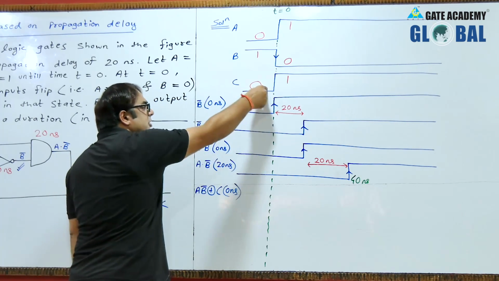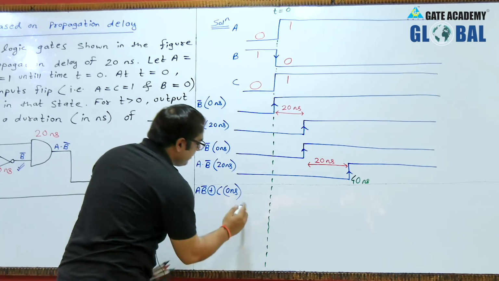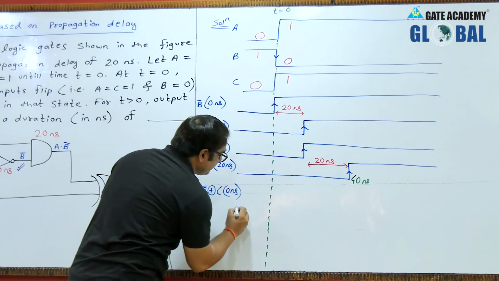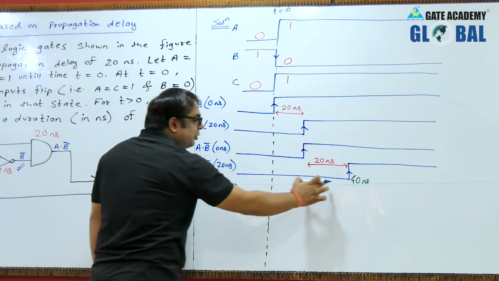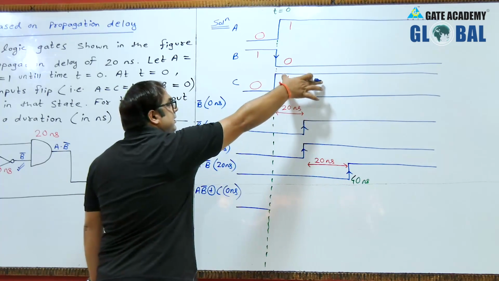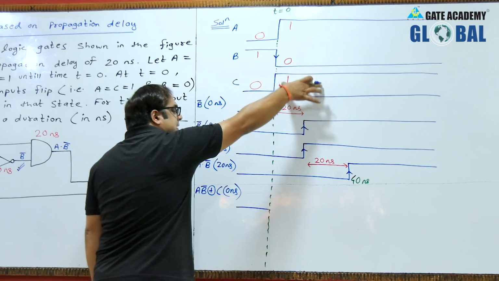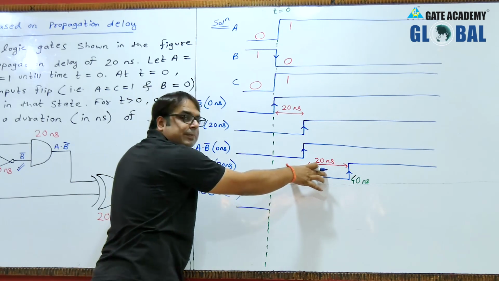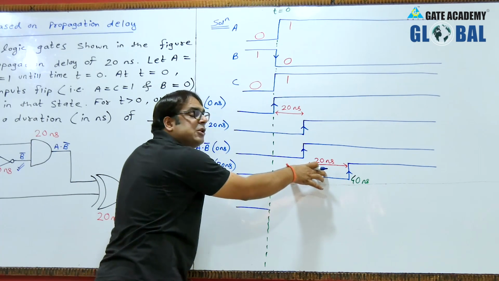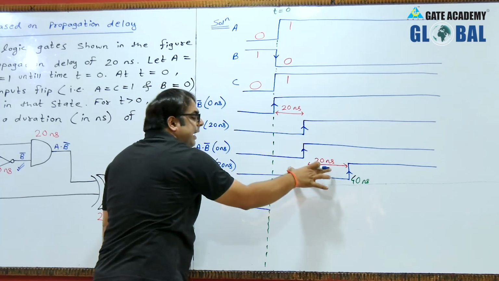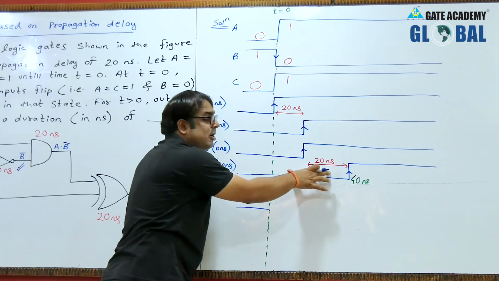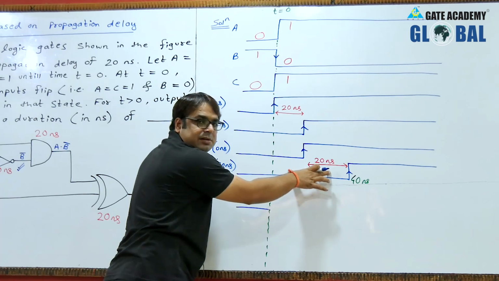Logic 0 and logic 0, so this will become logic 0. Now from 0 to 40 nanosecond, this is logic 1 and this is logic 0. XOR is an inequality detector. Unequal inputs, logic 1 and logic 0, for 40 nanosecond.